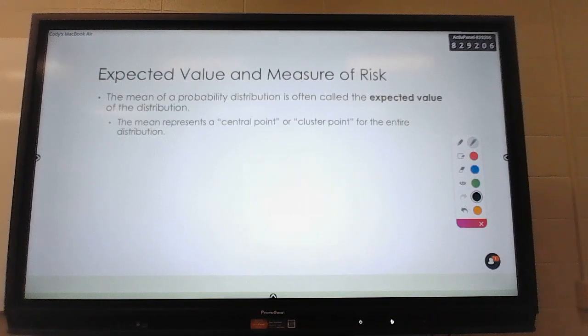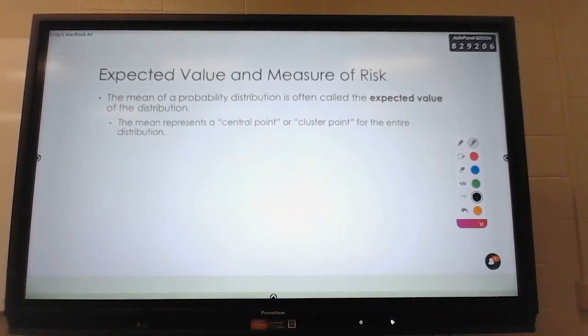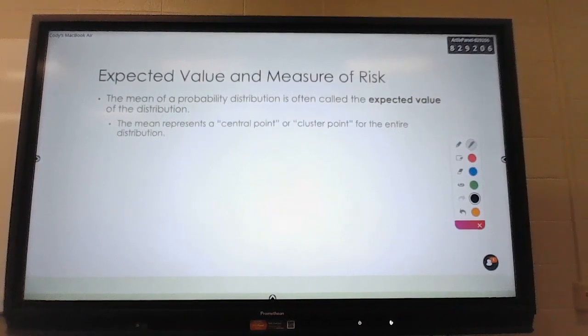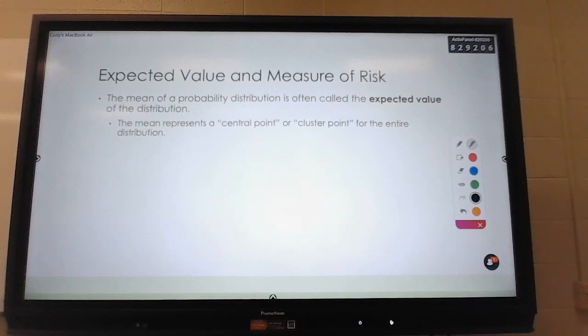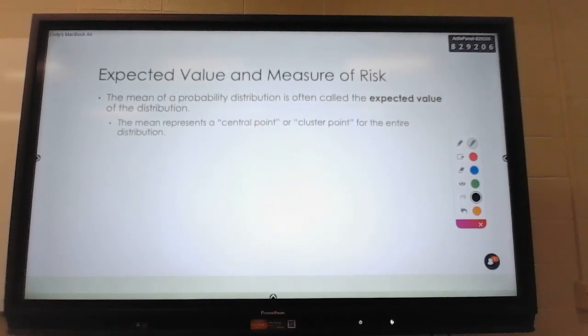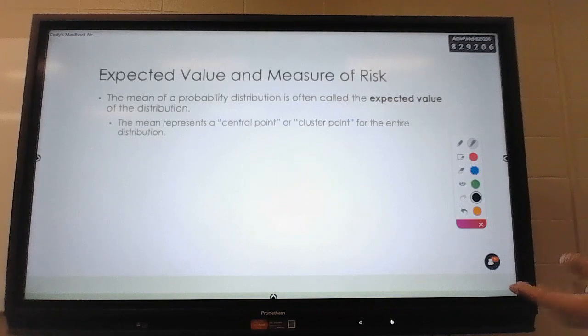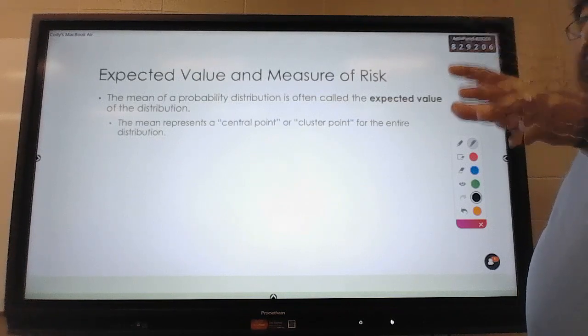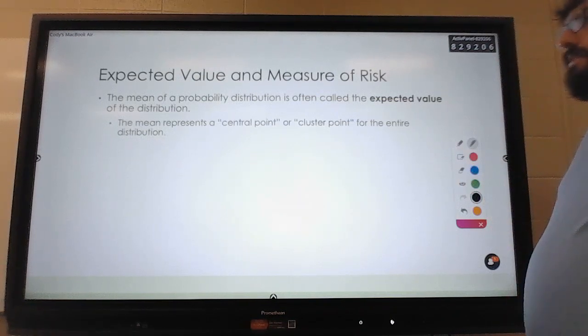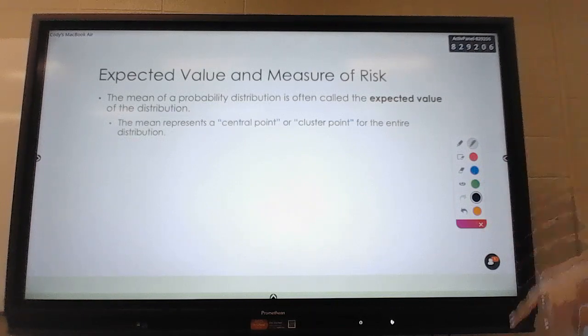Let's say you're watching a football game, and the announcers talk about a quarterback's average passing yards for a season.